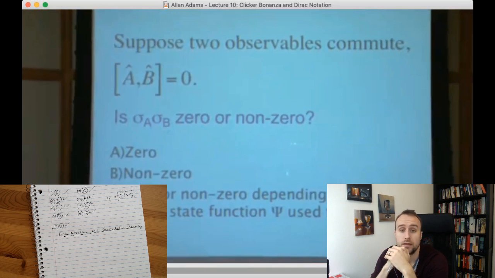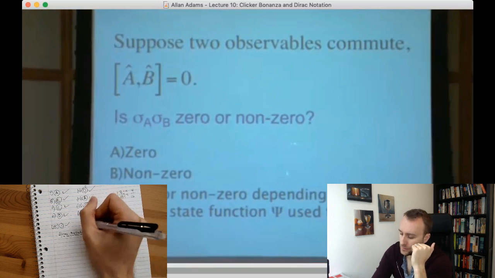Is the standard deviation of A times that of B 0 or non-zero?